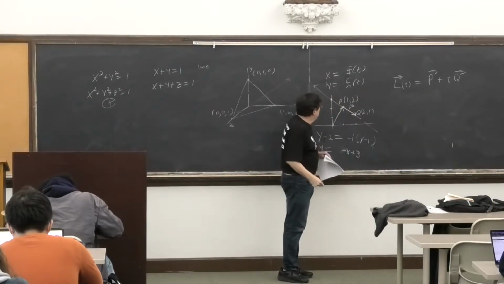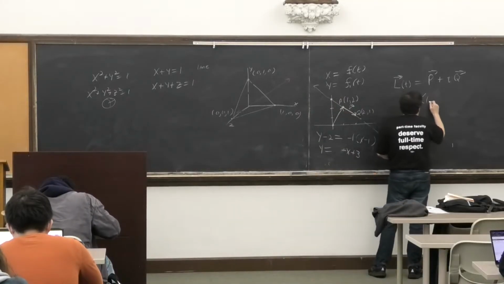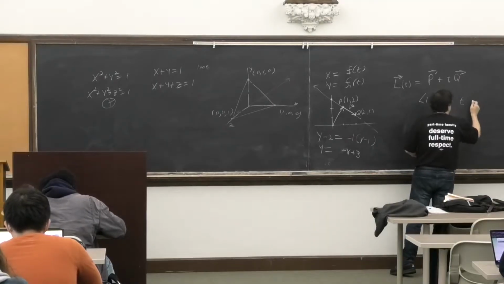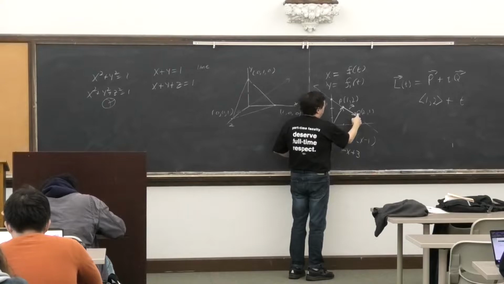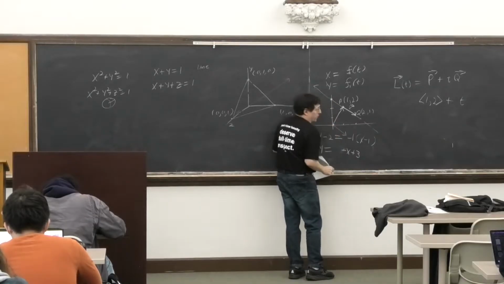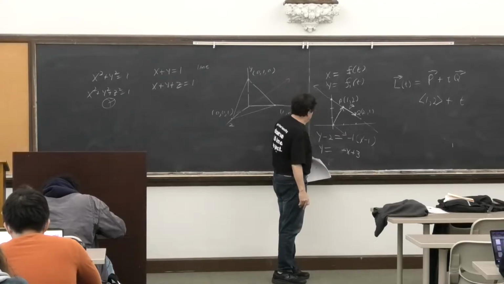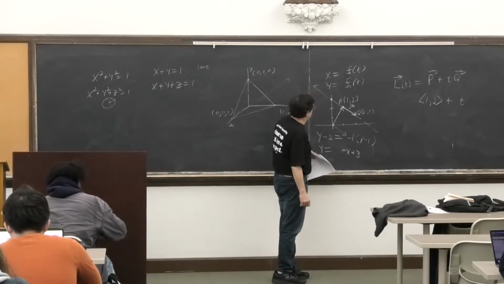All right, let's fill in some of the gaps here. P, that's 1, 2. And what's q? Well, we have the head and the tail of q, but we need to move it over here. So we can just use the position vector.